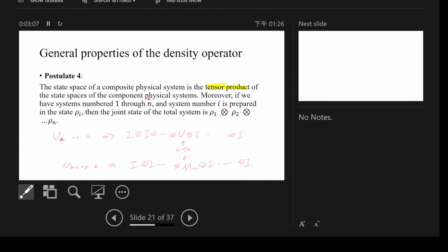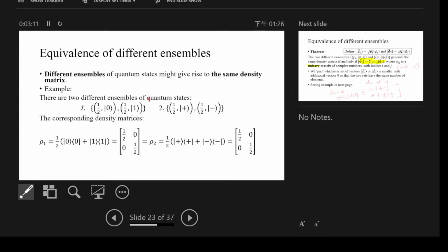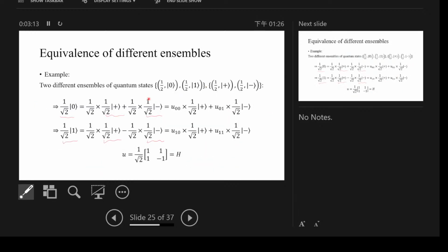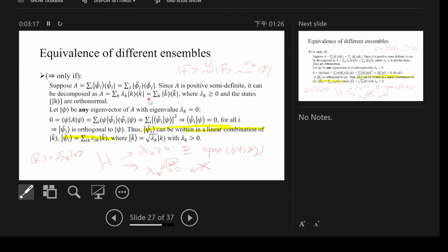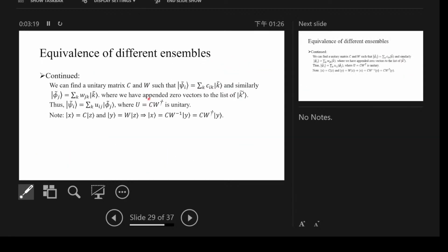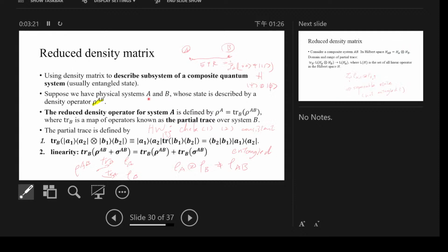So those are density matrices, and then we quickly saw that one of the biggest applications of density matrix is the reduced density matrix. Whenever you have an entangled quantum state, you can describe one part of your system with this reduced density matrix.